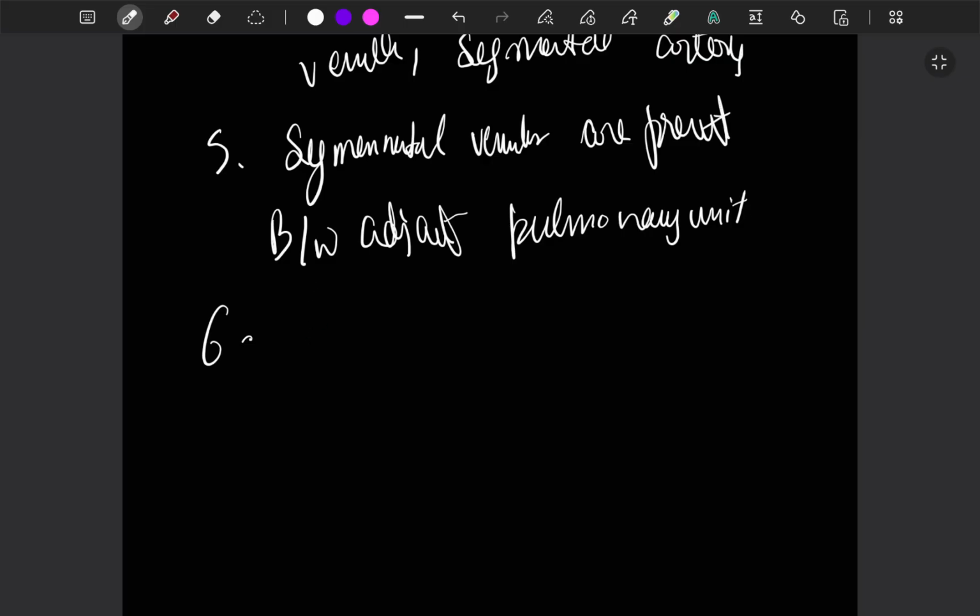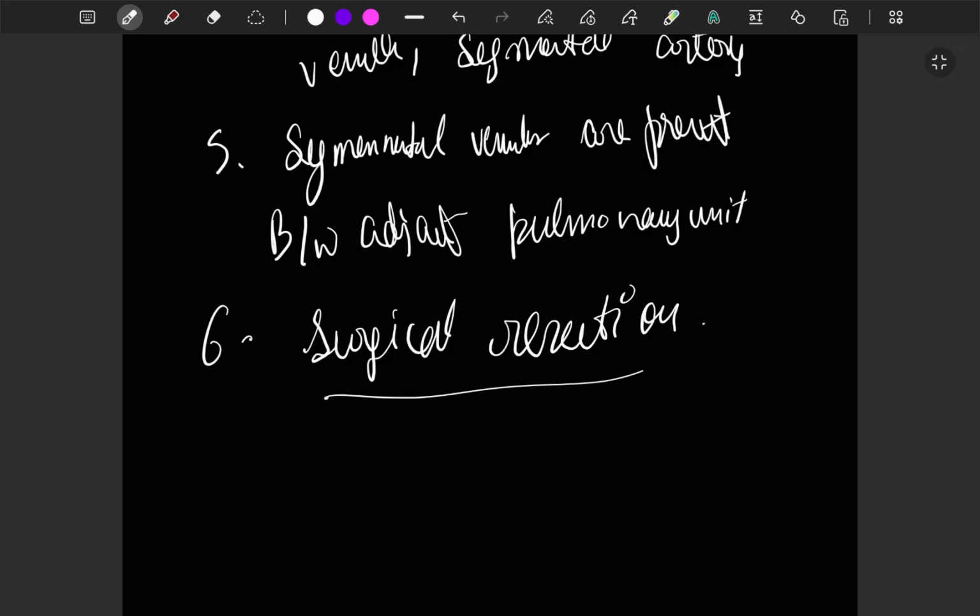Number 6, these bronchopulmonary segments are important for bronchial resection during surgeries to isolate a particular segment in case of an infection. So, surgical resection. Alright.